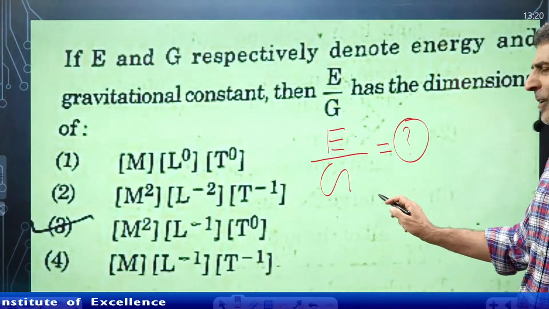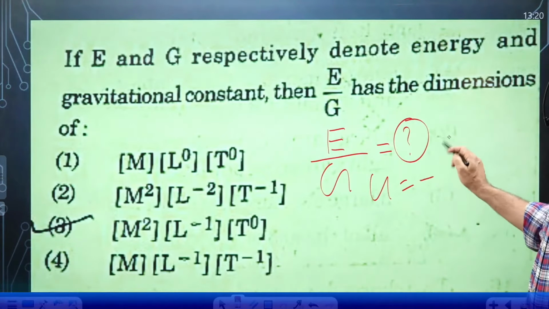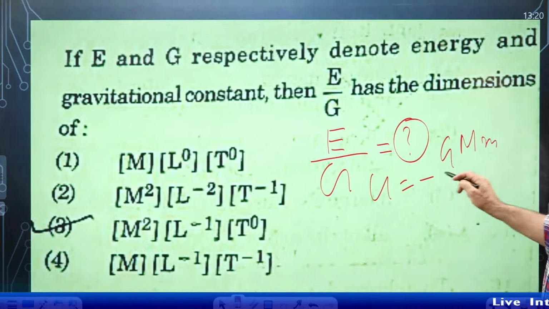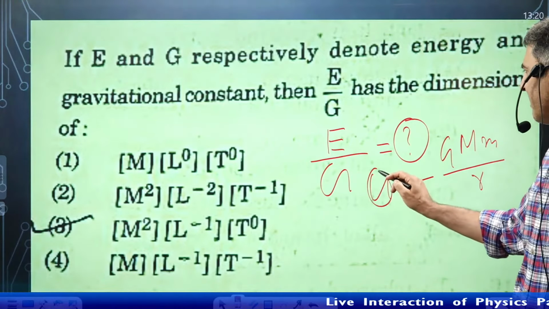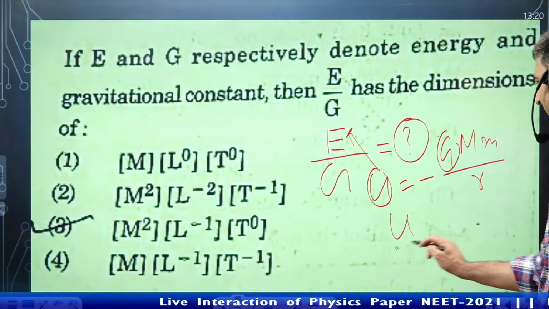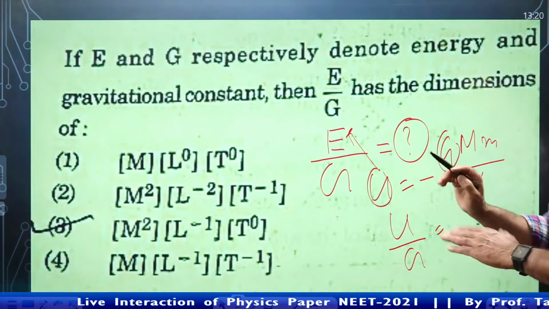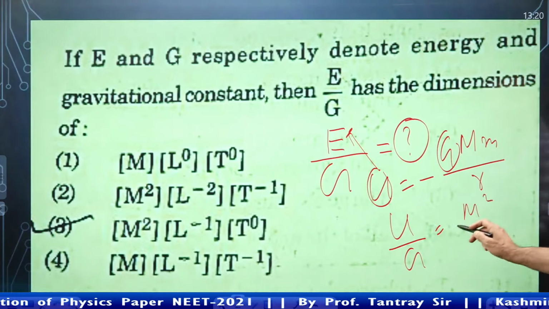You have the potential energy equation. Energy is equal to minus G m small m by r. This is the expression for gravitational potential energy. So here energy is the same as this, and G you get down to this. So U by G, that is the energy by gravitational constant, is m square by r.